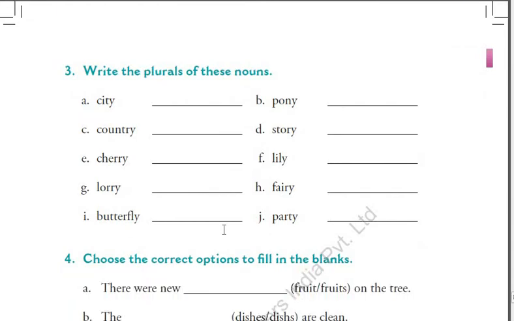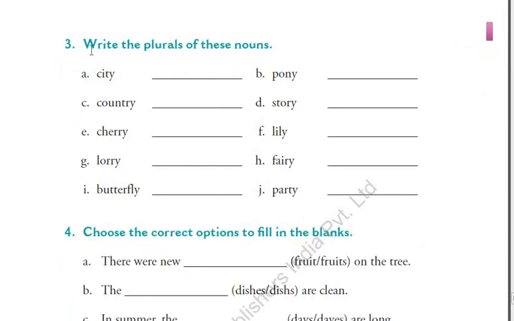Furthermore, we discussed exercise number 3, in which you had to write the plural form. How did we make the plural form from these words? We simply replaced the Y with IES. So students, the word CITY, here you need to replace the alphabet Y. So CIT will remain as it is.